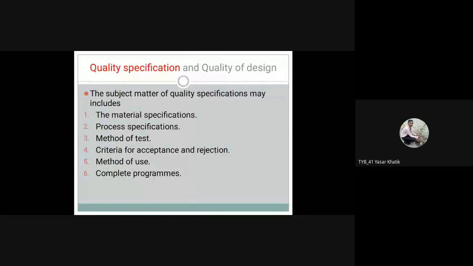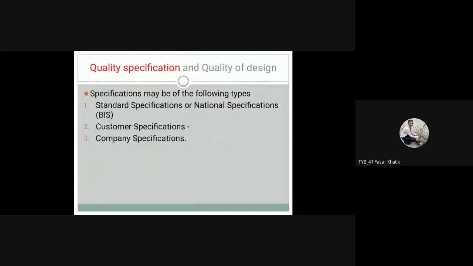So this is the quality specification part and quality of the design part. Specification may be one of the following types. Which type? Like standard specification or national specification. You very well know what the standards are and the importance of standards. BIS we have already seen in this machine drawing subject, Bureau of Indian Standards.